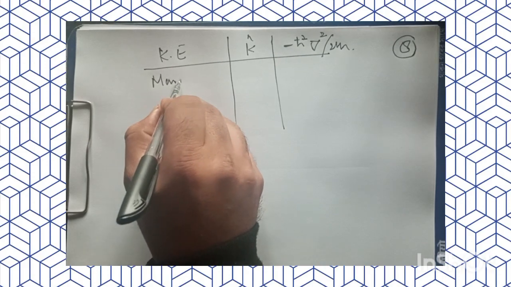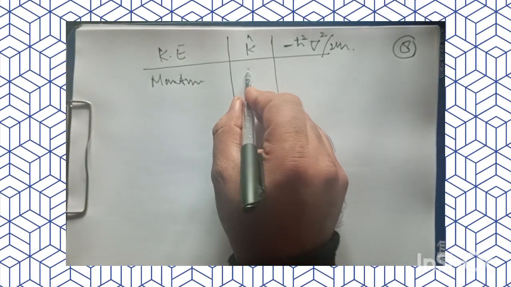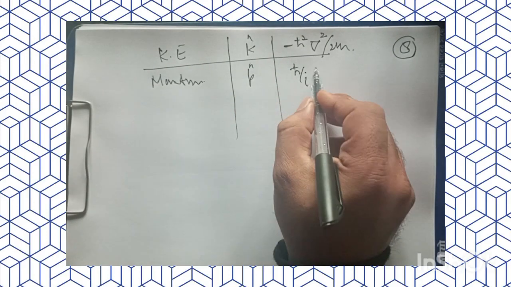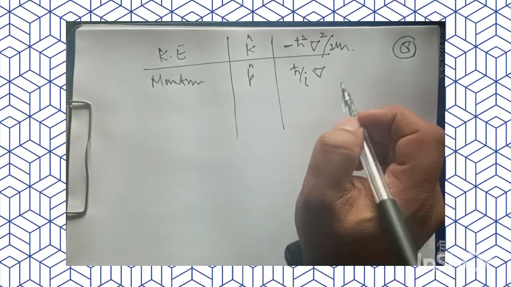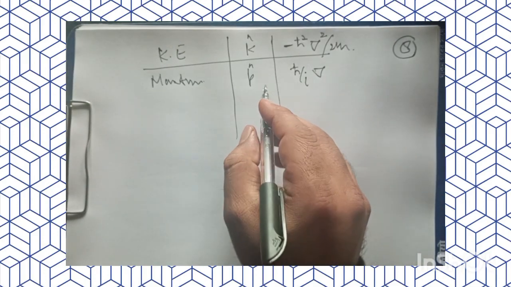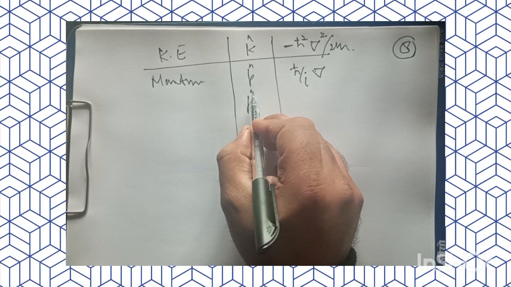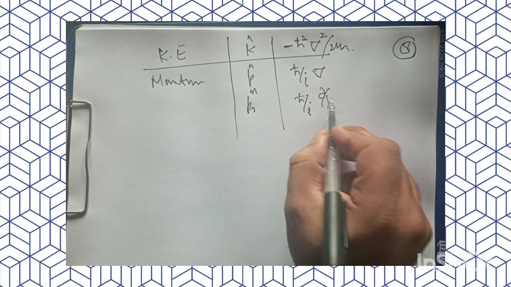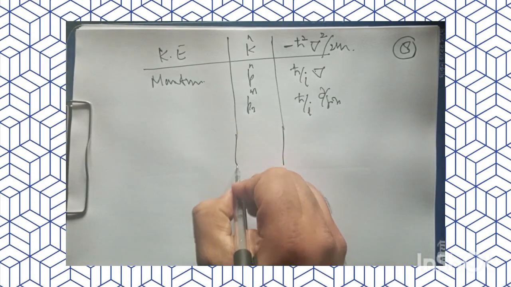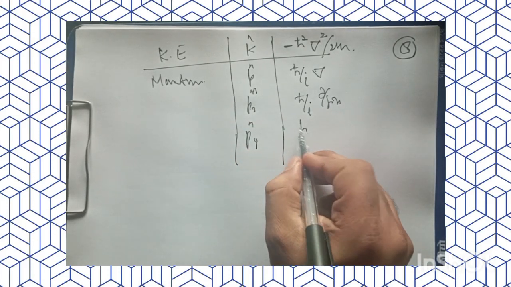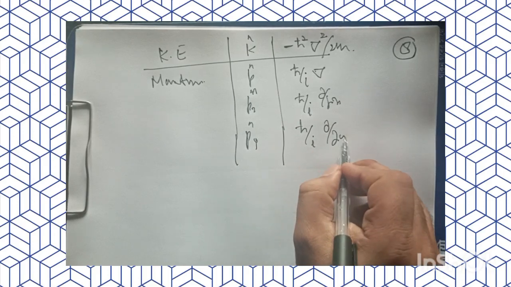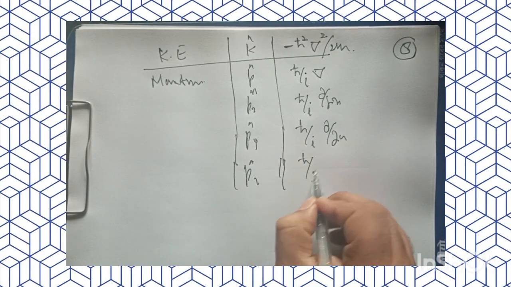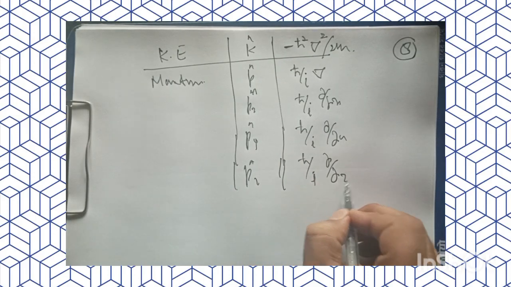So for momentum, we have p cap, and this p cap is h cross by iota del. And you can write this operator in terms of its components. That is px cap will give us h cross by I dou by dou x, and py cap will give us h cross by I dou by dou y, and pz cap will give us h cross by I dou by dou z.